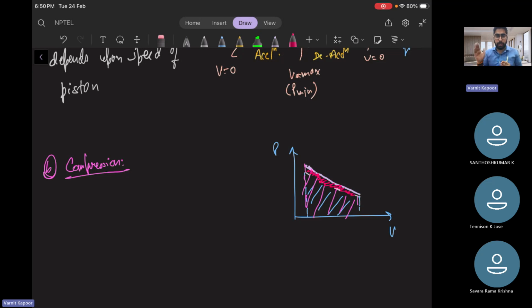Because dq is nothing but du plus dw. In the adiabatic scenario, heat transfer is zero, so the whole change in internal energy is equal to the net work absorbed by the compressor to increase the temperature. But now you are not maintaining heat interaction to be zero, because water jackets are also surrounding, so dq cannot be zero.